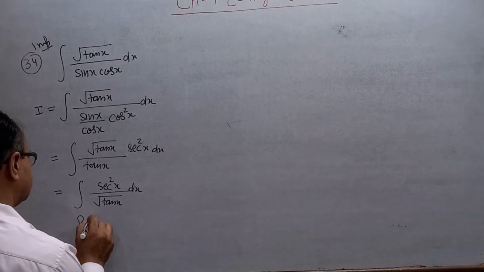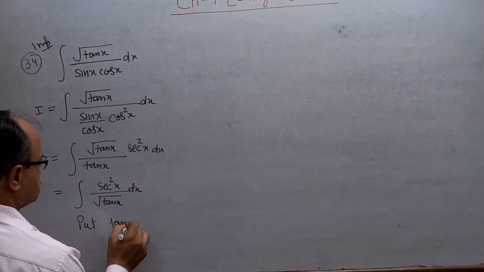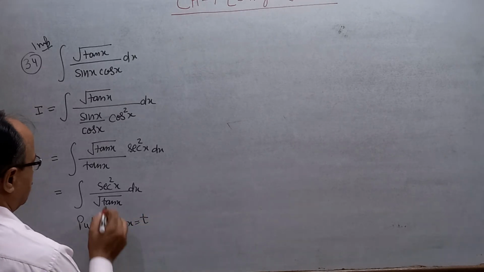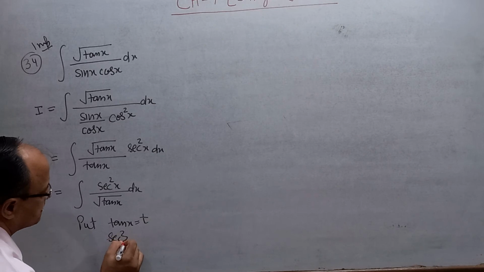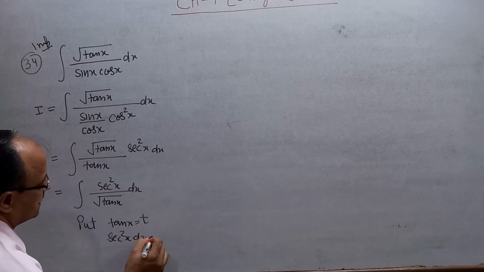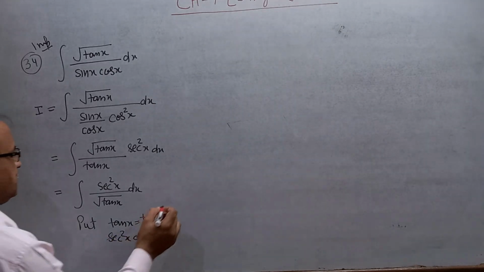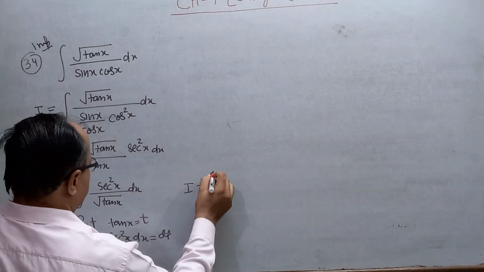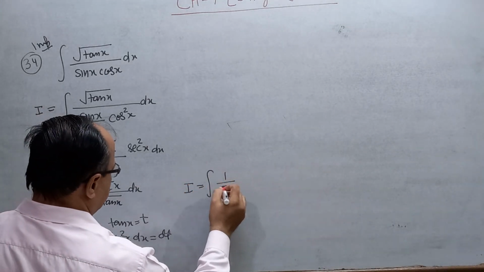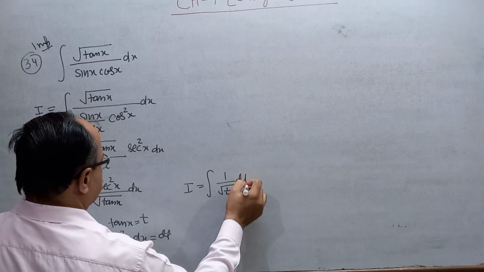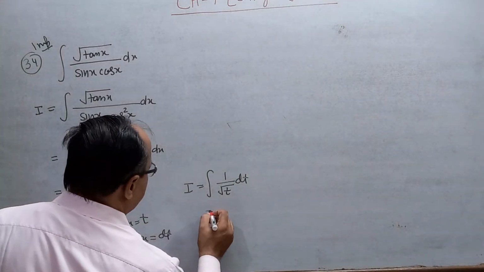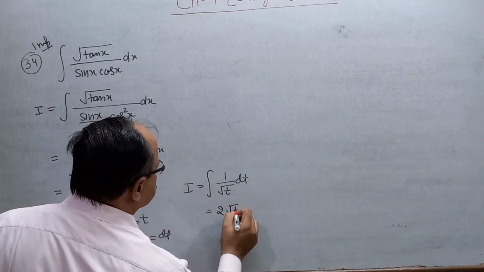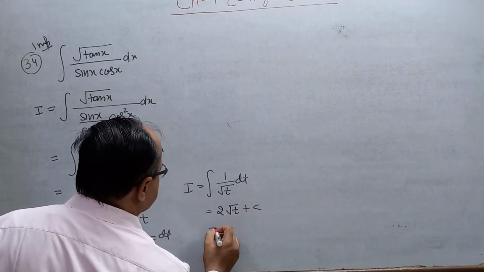Put tan x equal to t, and the derivative of tan x, sec square x dx, is equal to dt. So it will become integration of 1 by root t. And the integration of 1 by root t, you know, is 2 root t plus c.